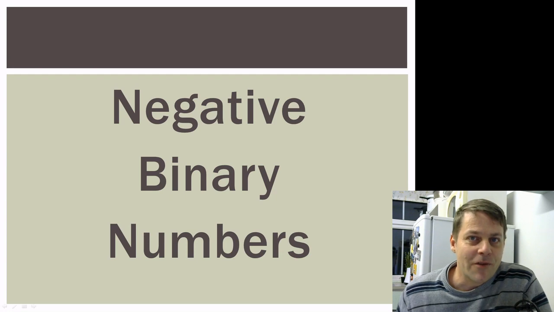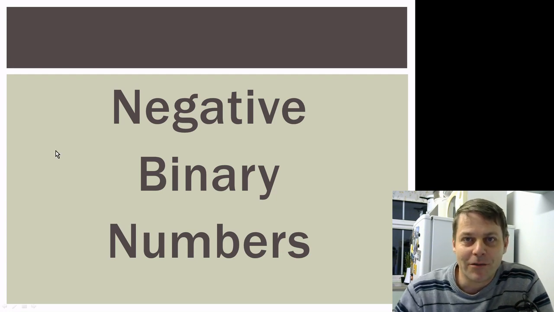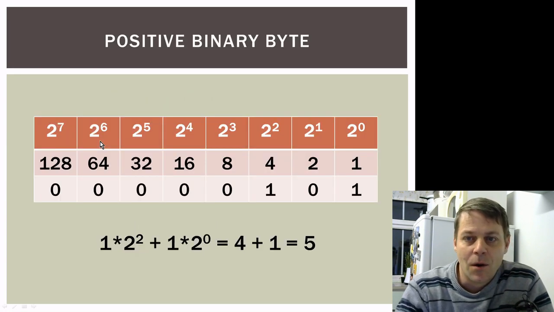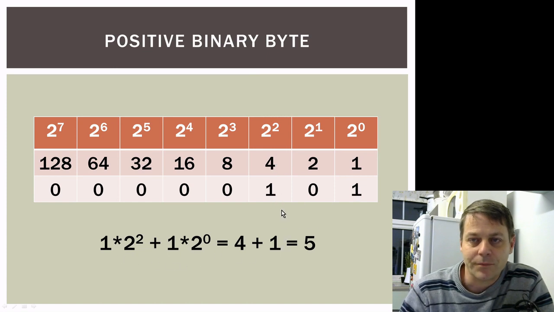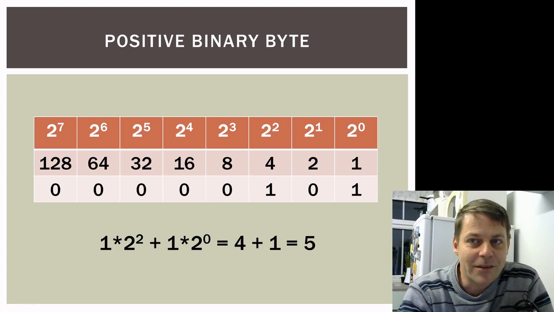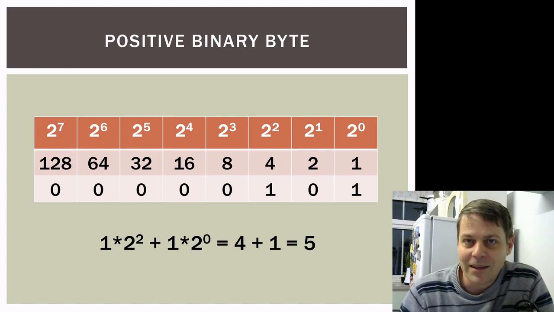Now let's have a look at how we represent negative numbers in binary. Here's a positive binary number, so we've got 1 times 2 to the power 0 is 1, and 1 times 2 to the power 2, this is 4, so this number is 5. If we want to make this number minus 5, the way we do it in binary is we reverse all the bits first, and this gets us what's known as a 1's complement number.